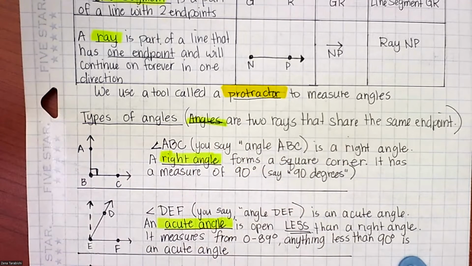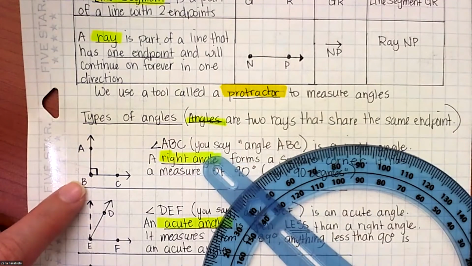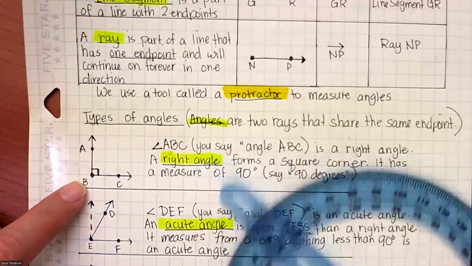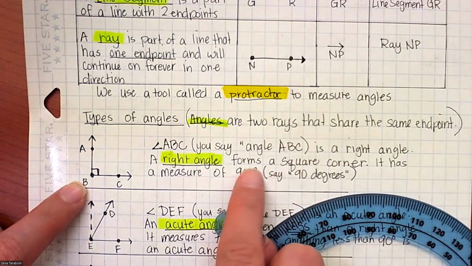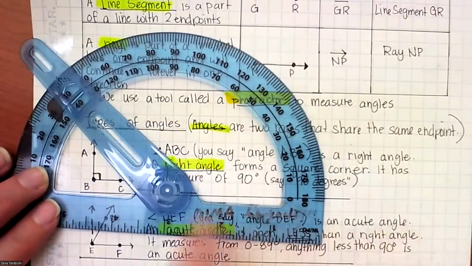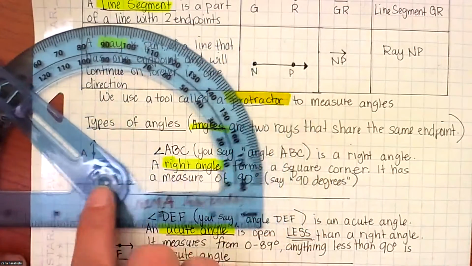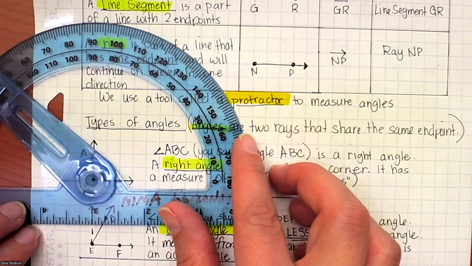If we're going to measure it, when we measure angles, we measure them in something called degrees. That's the unit. So this forms a 90-degree angle. So this is 90 degrees. You draw the 90 and you put a tiny little circle above it. Now, if I want to measure this, this middle part is going to be right there over that shared ray. So you're going to line it up.